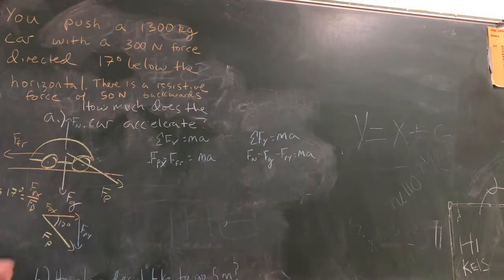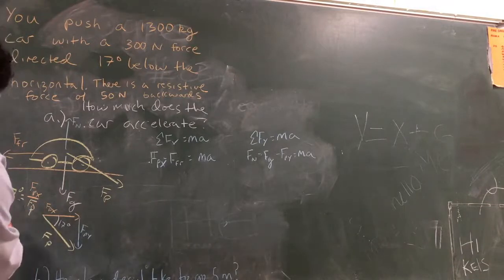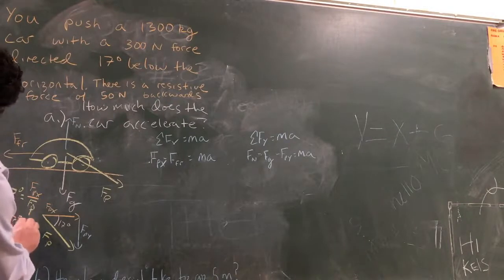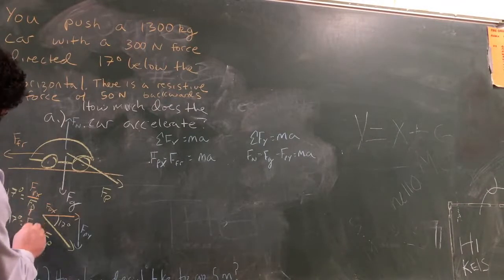So just solving for Fpx by itself, I'm going to multiply both sides by Fp, and I get Fp cos 17 equals Fpx.